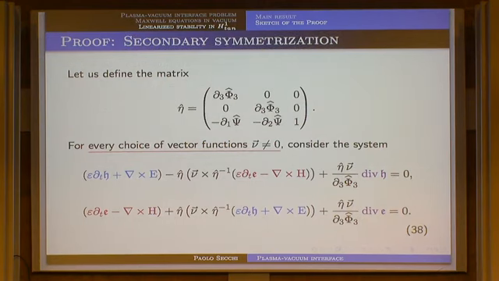The second idea for the proof is the use of a secondary symmetrization. Here, given the transformation of the diffeomorphism, the change of variables, we define this eta bar, this eta hat, this matrix, and we see that for every choice of a vector nu different from 0, we can take these combinations of the equations, with different colors, of the Maxwell equations plus the constraints, and this particular combination is a symmetric hyperbolic system.